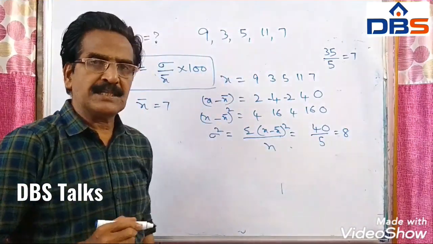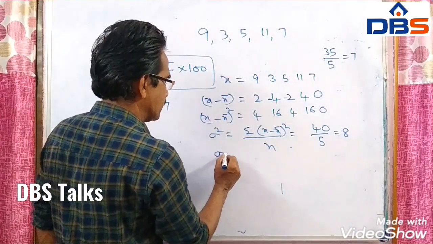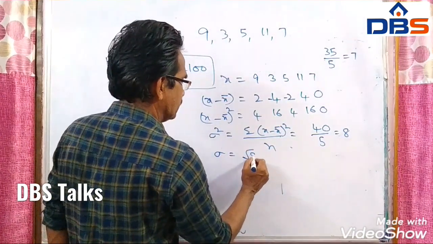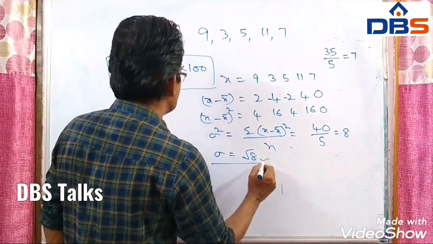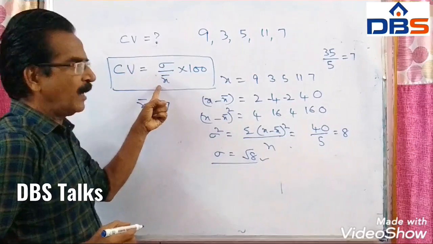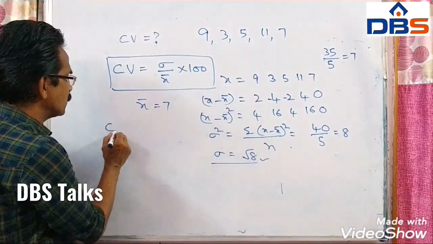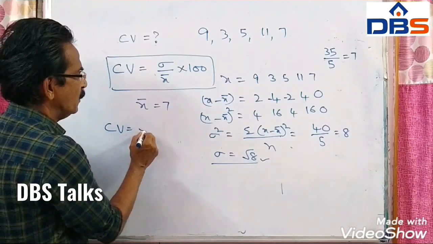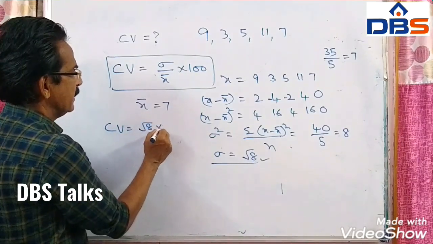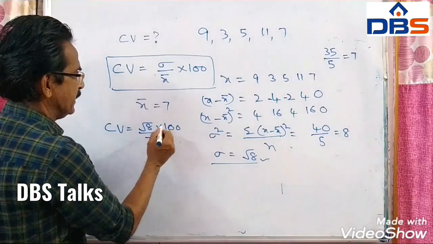So sigma square is equal to 8. Sigma is equal to root 8. This is sigma. So now we know sigma and x bar, into 100 gives you CV. So CV is equal to root 8 by 7 into 100.